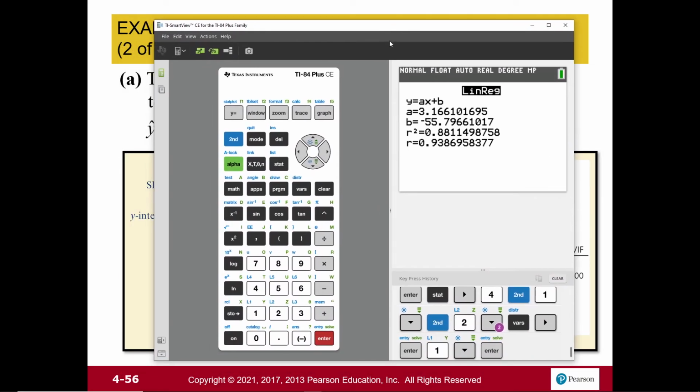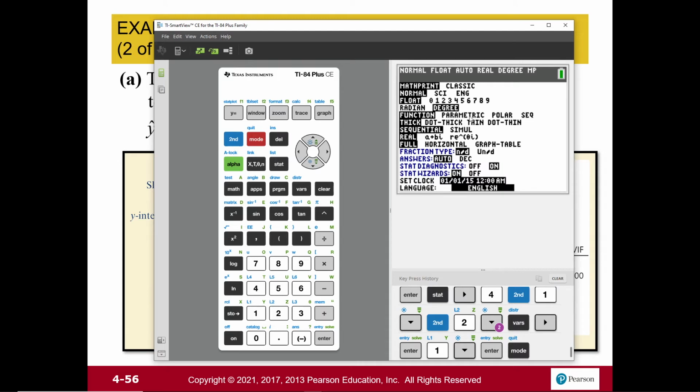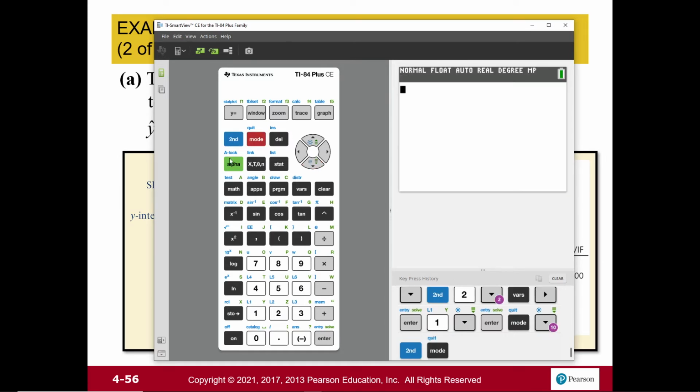Now, what if you do it and you don't get the R? That basically means you don't have diagnostics on. So you actually would have to go into settings. You would have to go into mode, and you go all the way down where it says stat diagnostics. You have to turn it on. Another way is to pull up the catalog. You go to second catalog at the bottom.